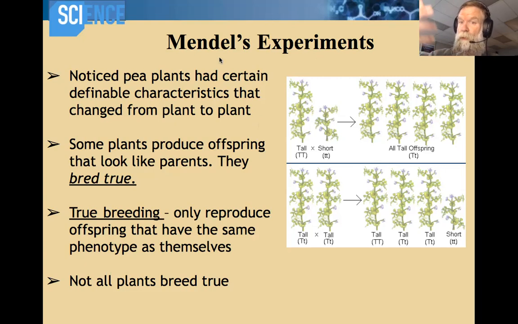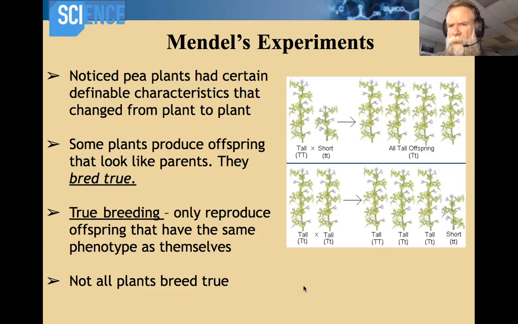And so we would call tall dominant. We would call short recessive. And so dominant traits mask the traits of those recessive parents. And so Mendel didn't use these terms yet. He's still observing patterns. So I'm putting terms into use that he developed later and that other people developed later.